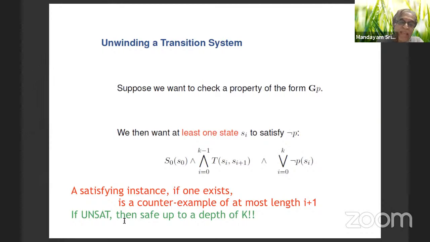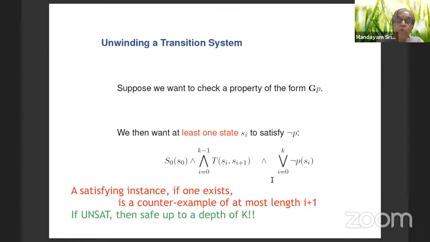So if it's unsat, what can you conclude? Because it is unsat, you know that the negation of this is valid. Therefore, you can conclude that for all paths of length up to K, this is safe, that P is not violated.